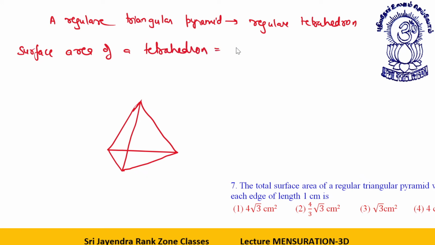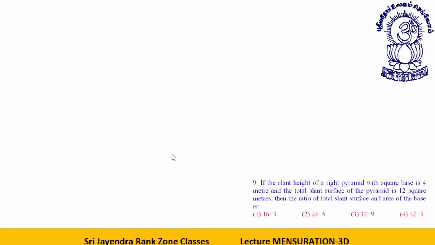Surface area of a tetrahedron is 4 into root 3 by 4 a square, or root 3 a square, or root 3 into 1 square, that is root 3 centimeter square. This is your option number 3 as your answer. Okay, next one.